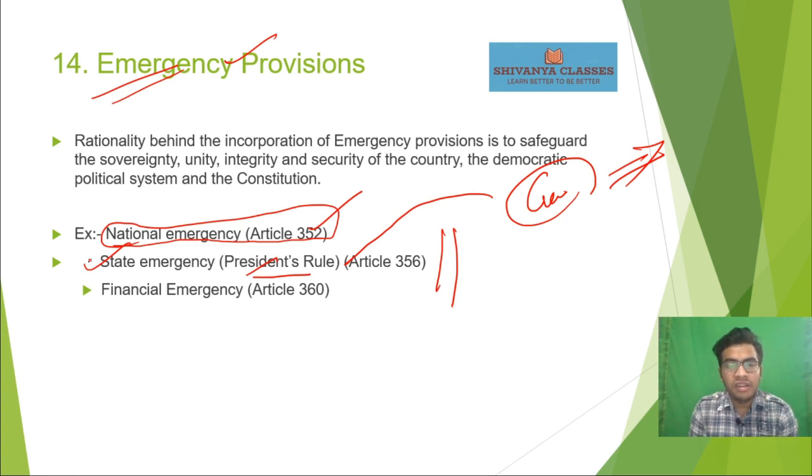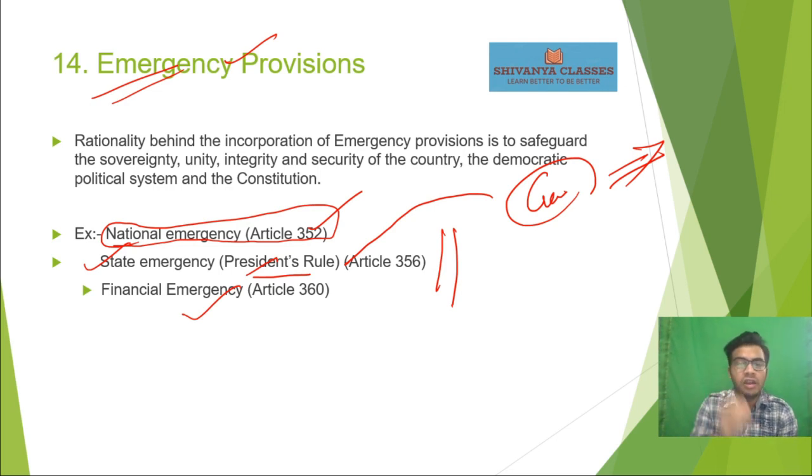Next is financial emergency. Suppose there is a crisis in our economy, an emergency-like situation. The president will declare financial emergency. There are some provisions on financial emergency that will come into force during that time. It may be that the president declares that no person can withdraw more than a certain limit from the bank or ATM.